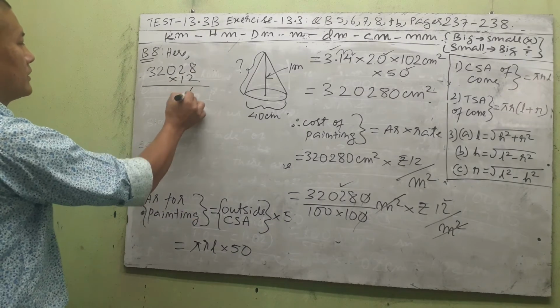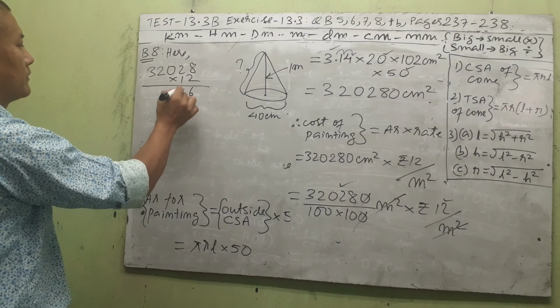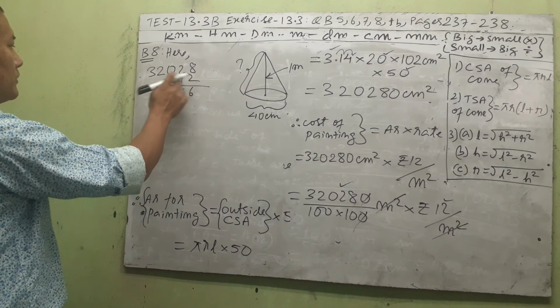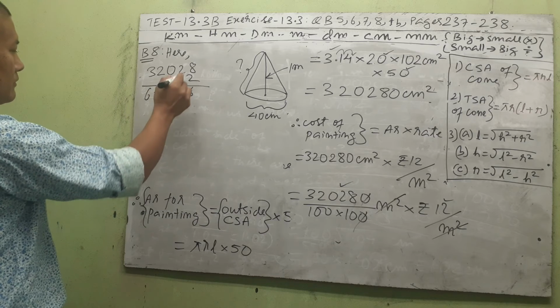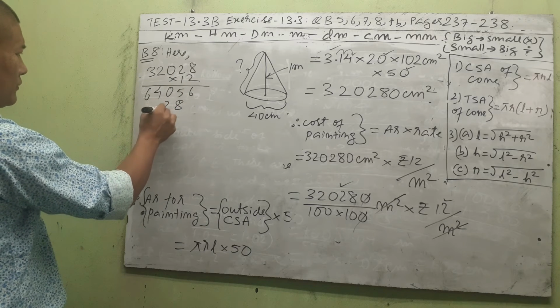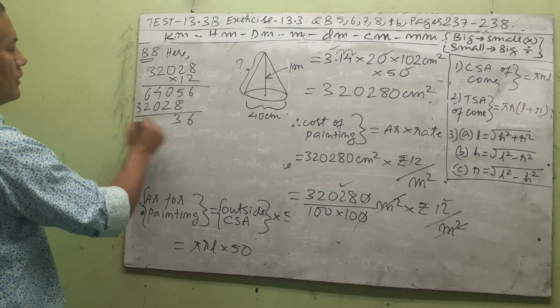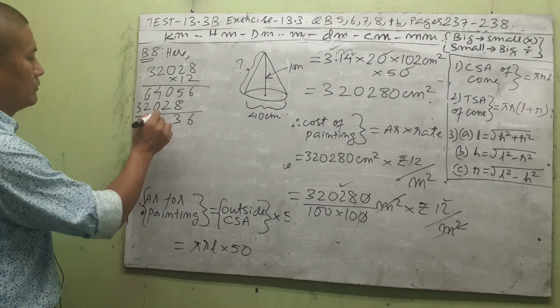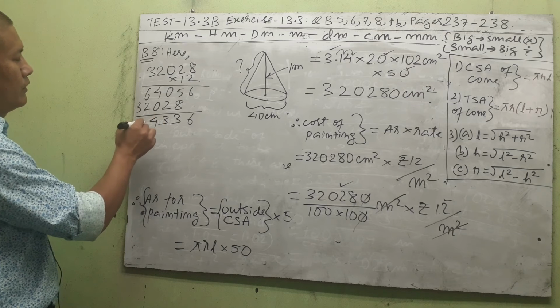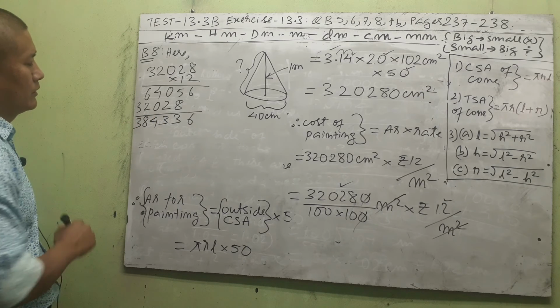2 8s are 16, 2 2s are 4, plus 1 is 5. 2 0s are 0, 2 2s are 4, 2 3s are 6. 1 8 is 8, 1 2 is 2, 1 0 is 0, 1 2 is 2, 1 3 is 3. So 6, 13, 1 in hand, 2 plus 1 is 3, 4, 8 and 3.